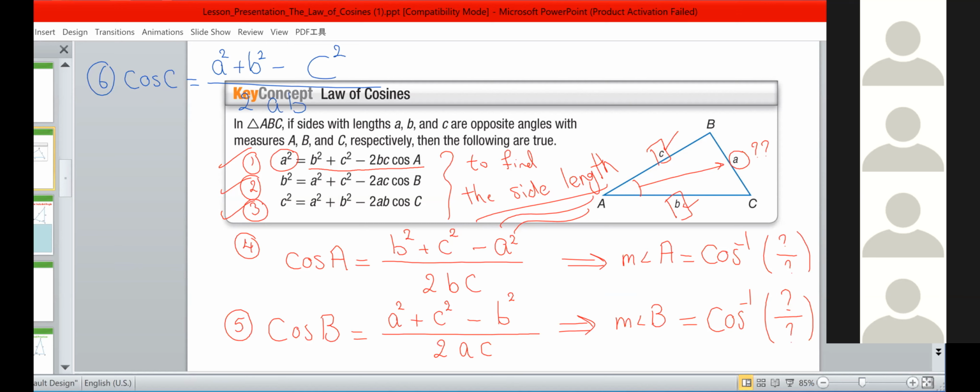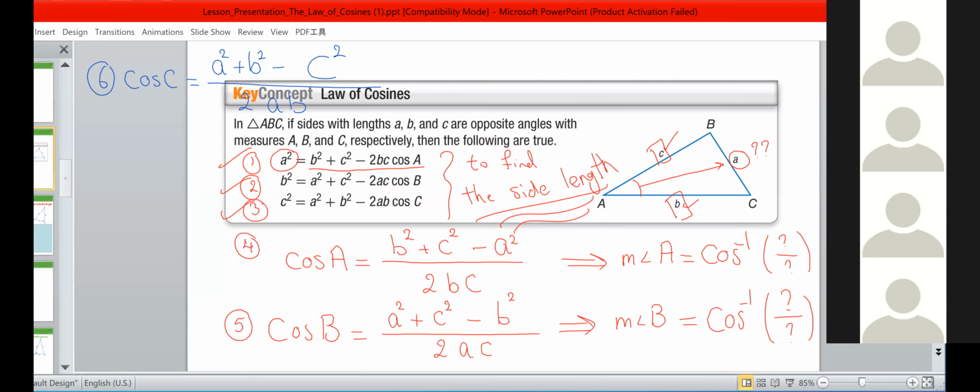Now we have the 6 rules on your screen. The first 3 rules, we use them to find the sides, and the second 3 rules, as Ibrahim, Abdullah and Tamim said, are for angles, if I want to get the angle.